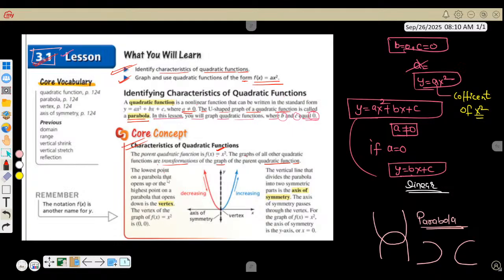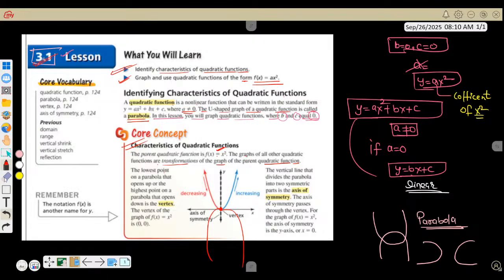The lowest point on a parabola that opens up, or the highest point on a parabola that opens down. It means this point is the lowest point if your parabola is upward, or the highest point if your parabola is downward. Getting my point?